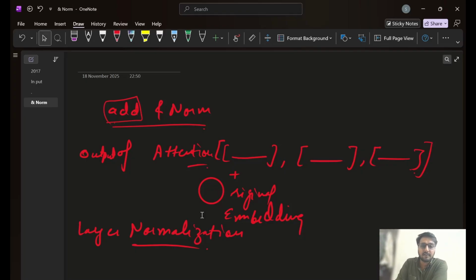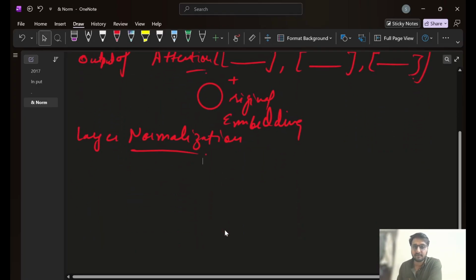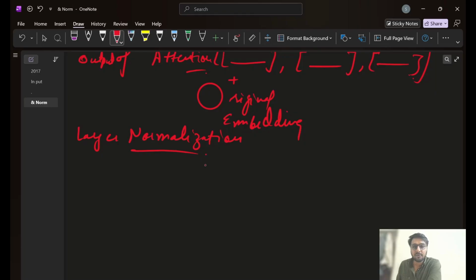We need something called normalization. So how do we normalize each vector? We are saying layer normalization. It means that every vector is normalized individually. We are not doing batch normalization, where we take all three vectors and normalize them together. No, we are doing layer normalization.